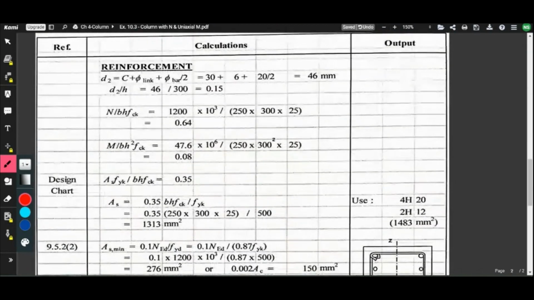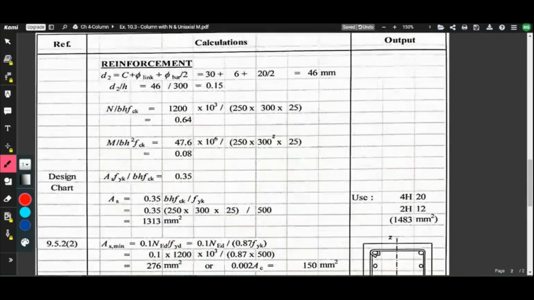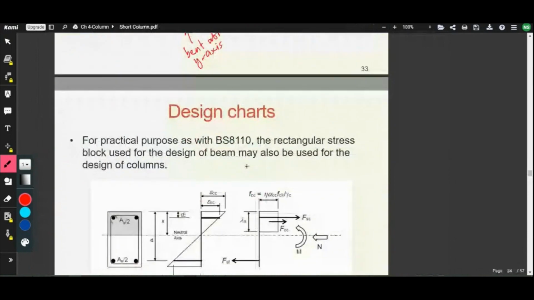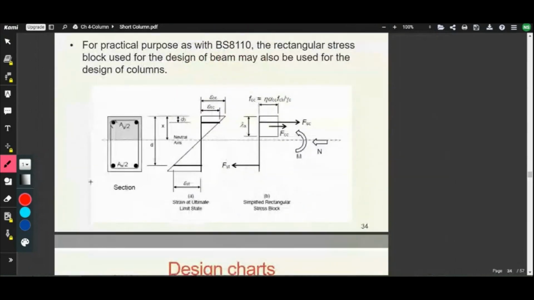All right, and then next step is to calculate the d2 distance. Yeah, so if you refer to lecture notes, this d2 distance is here. That is the distance from top of the column until half of the reinforcement at top.